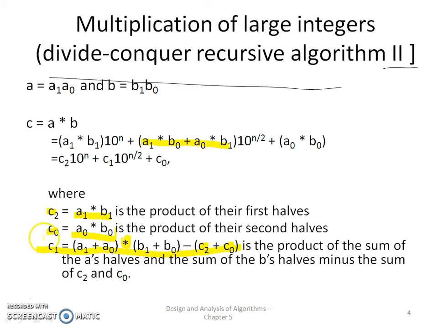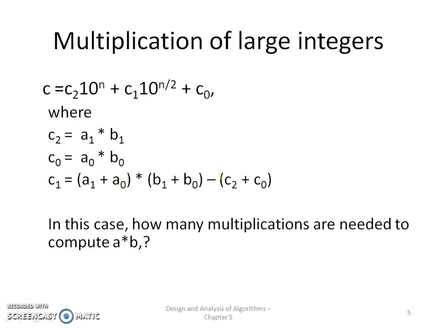So now what we have is the multiplication of two numbers A and B represented as C2 10 raised to n plus C1 10 raised to n by 2 plus C0. A closer look at the same thing helps us identify how many multiplications are needed when we do the computation this way.